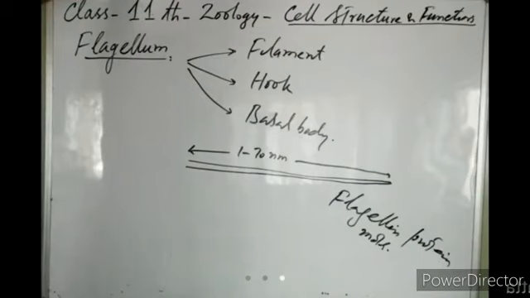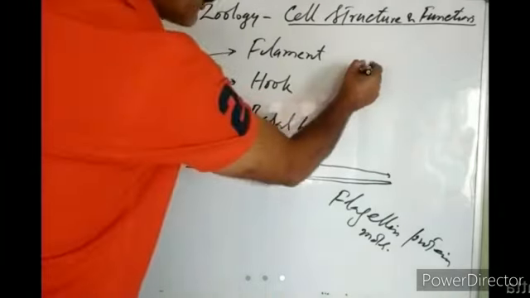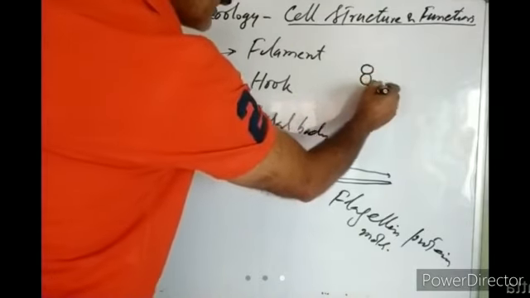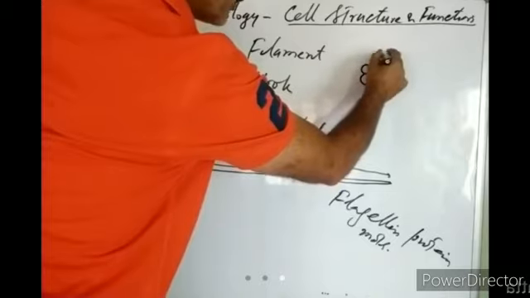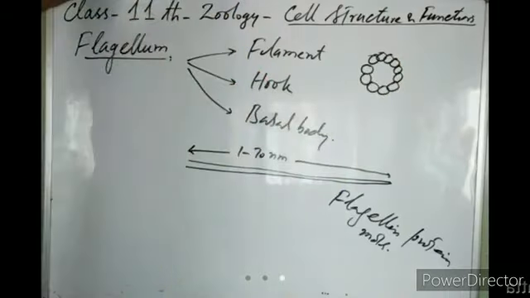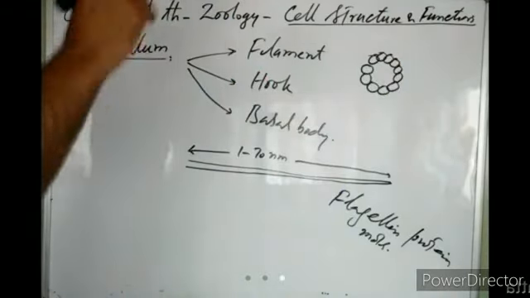It is formed mainly of a protein known as flagellin protein. These flagellin protein molecules are helically arranged and they form a tubular hollow filament, right?